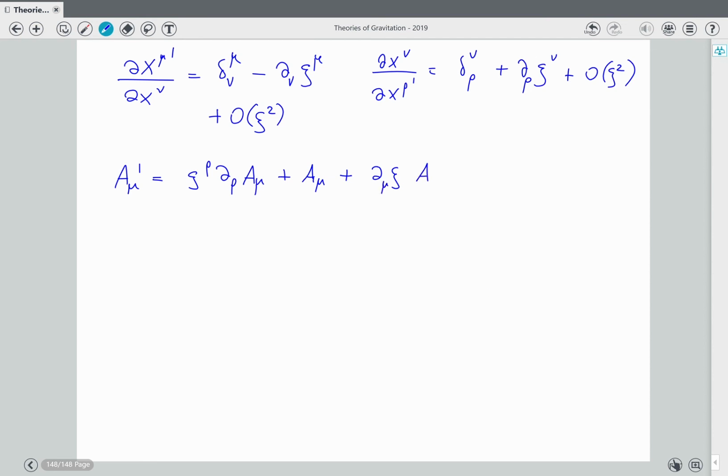There is no other possibility than that. So again, this is the Lie derivative. This infinitesimal variation is the Lie derivative of the vector.